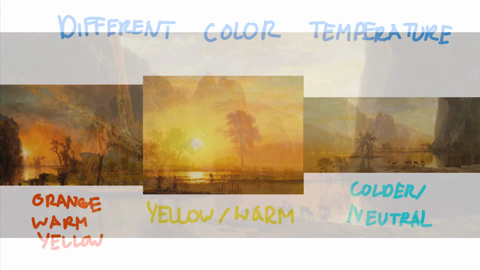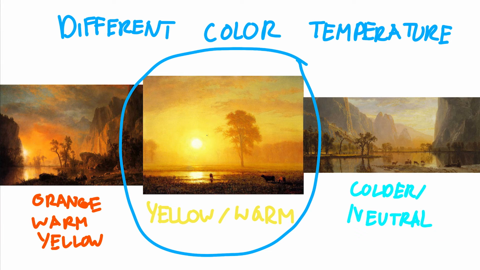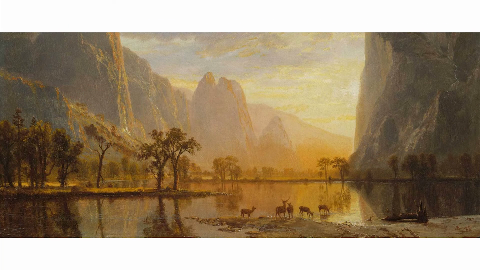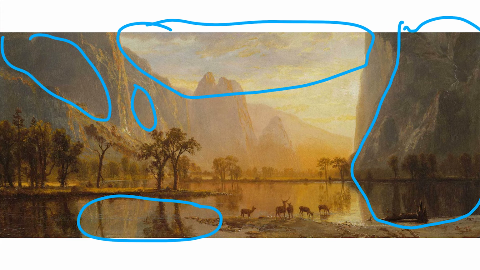As you can see, if we look to the left side over here, the sunset over the plains, that's really intense, really yellow and really warm. But if we take a look at Yosemite Valley, it's a lot more toned down. It's a lot cooler. And we do see a lot more of the colder colors because we see more of the blue sky.